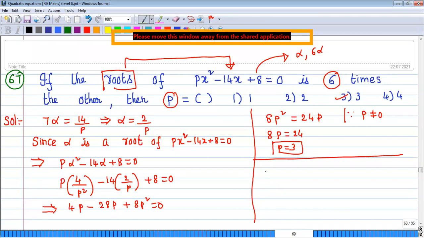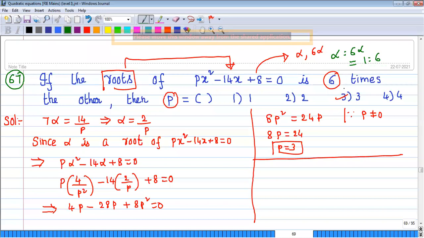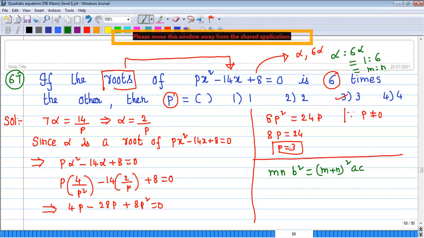Right. So now the shortcut. 6 times means the ratio between these two roots. Alpha is to 6 alpha, alpha cancels, is 1 is to 6. If the roots are in the ratio m is to n, the condition is mn b square equals to m plus n whole square into ac. Here m is to n, so mn is 6 into 1, 6.